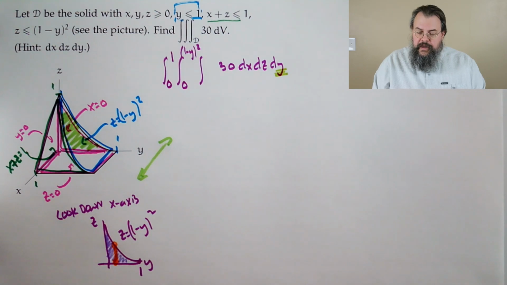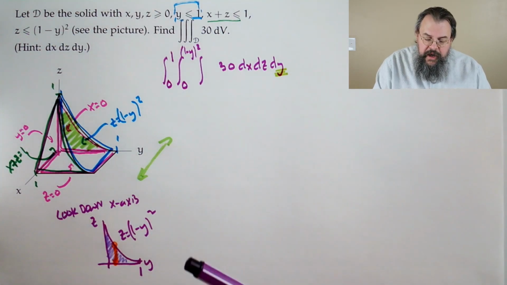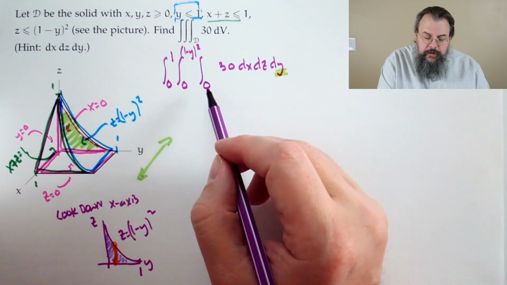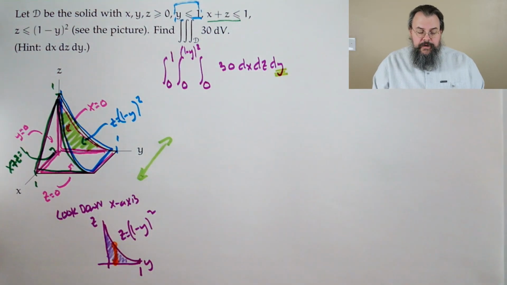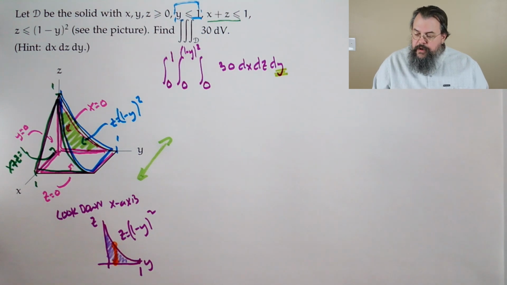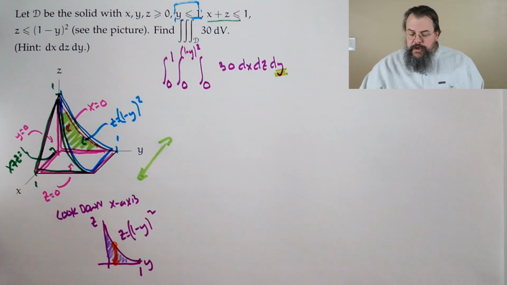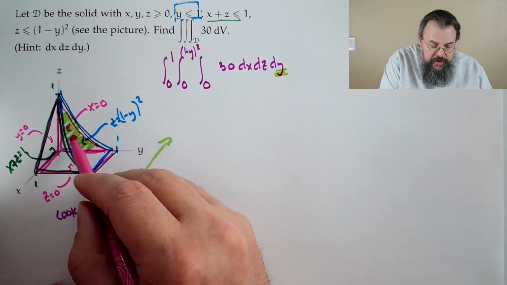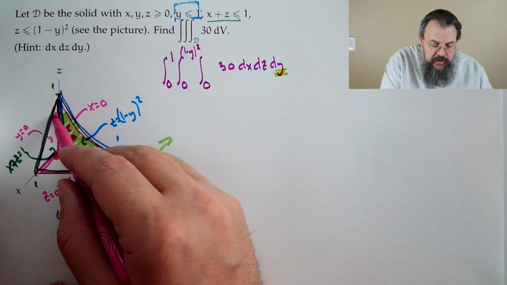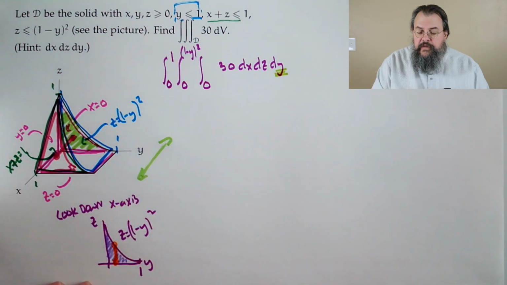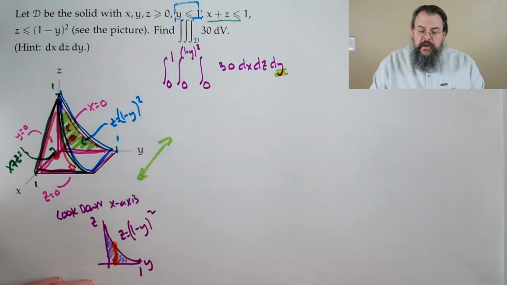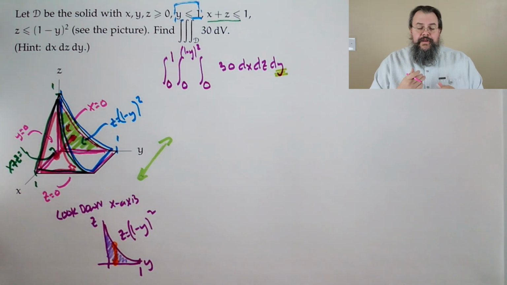Okay, so that says our lower bound is 0, which is good because we want x equal to something. There's x equals 0. And then we're going to move forward. If I start here and I move forward, I'm going to stop when I hit this other surface. So this surface, which is x plus z equals 1, will be the other bound.